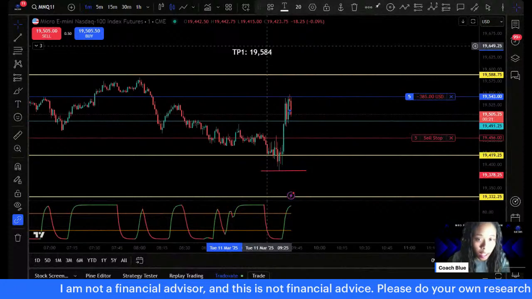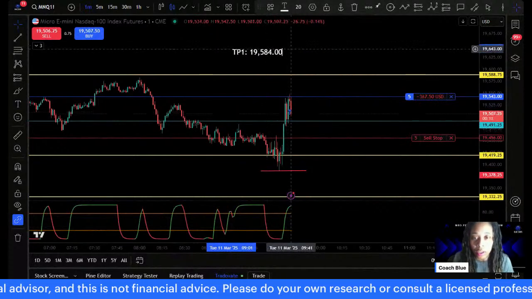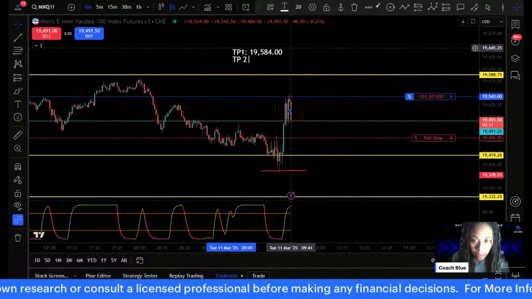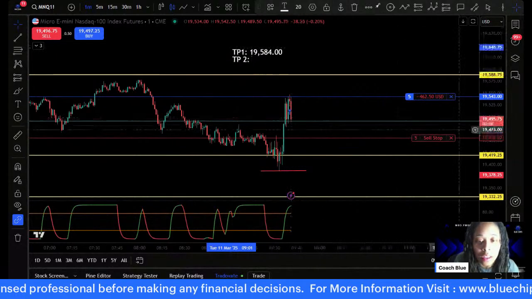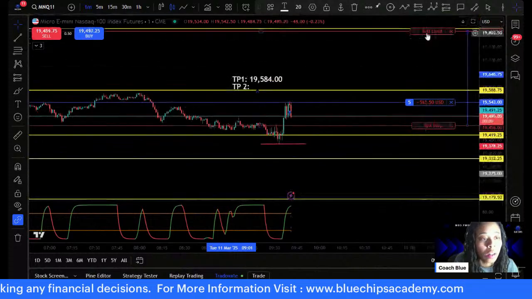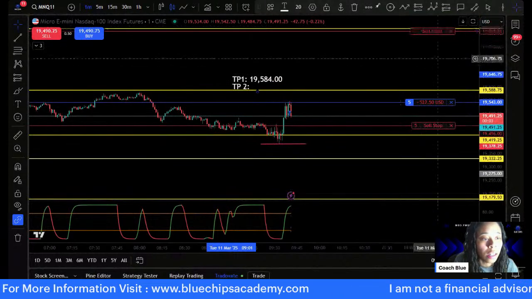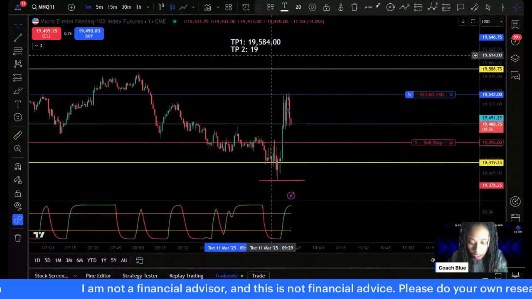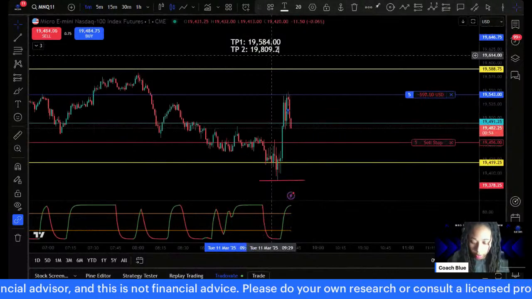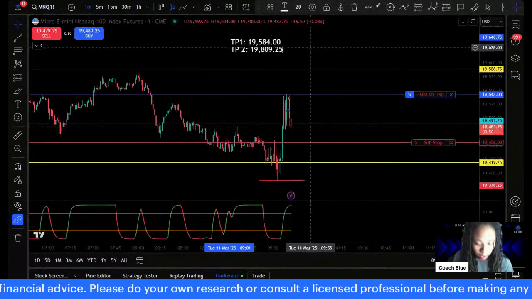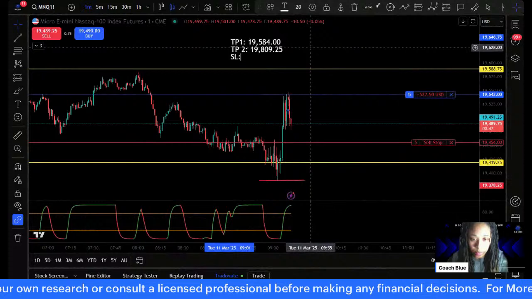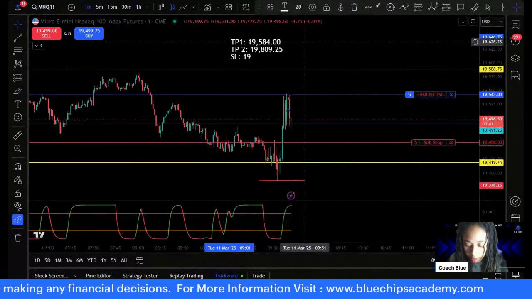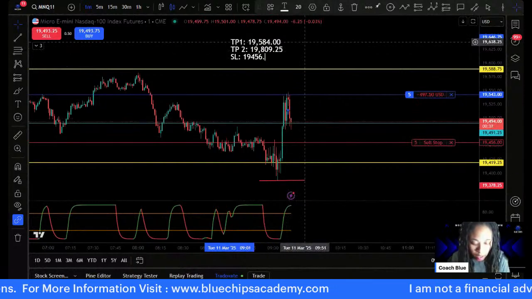And then TP2 is 19,809.25. And the stop loss is 19,456, 456 even.